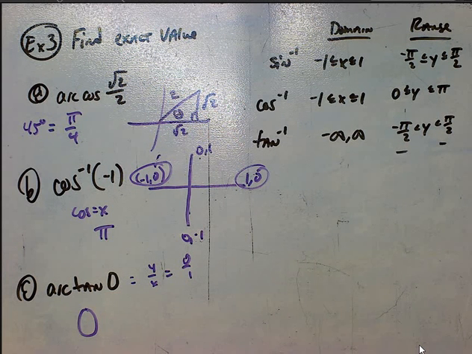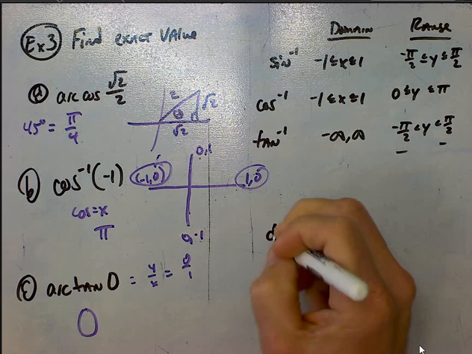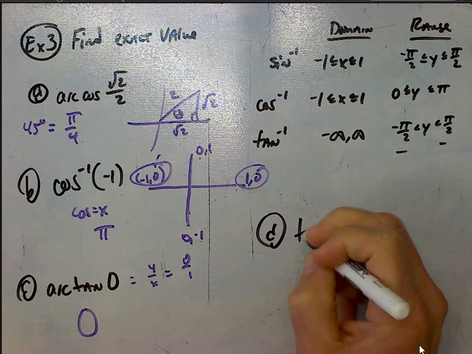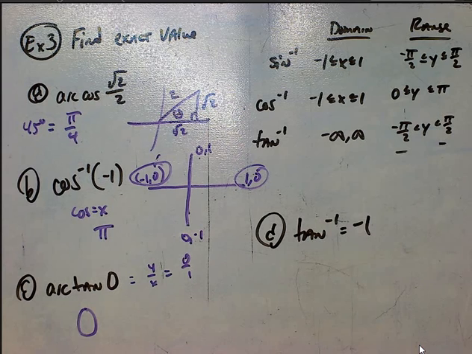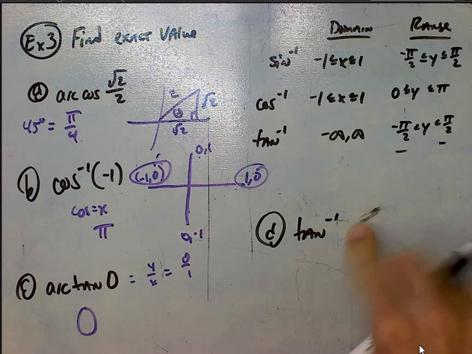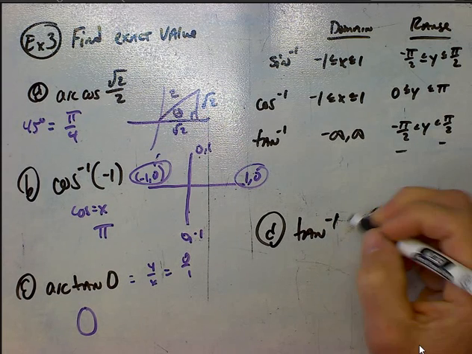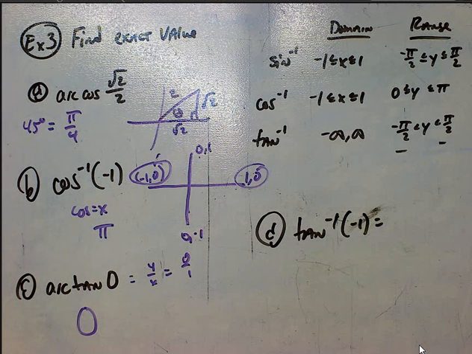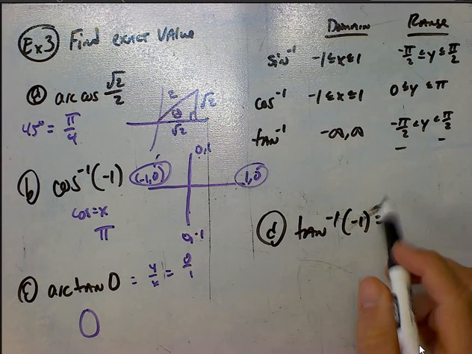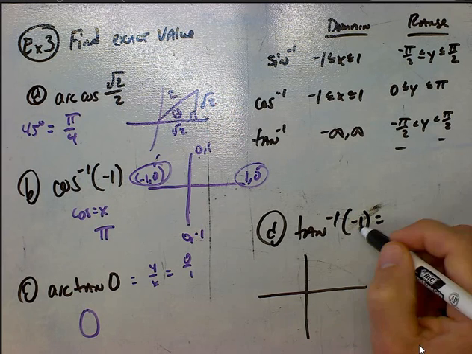Letter D wants us to find the arc tangent of negative 1. Sorry, it's not written like that, it's written like this: the arc tangent of negative 1. So what angle has a tangent of negative 1? Well, that's going to be negative 1 over 1.